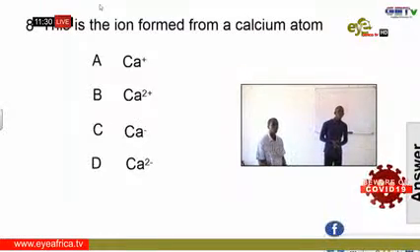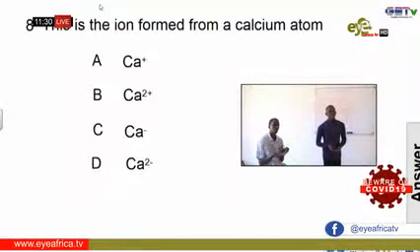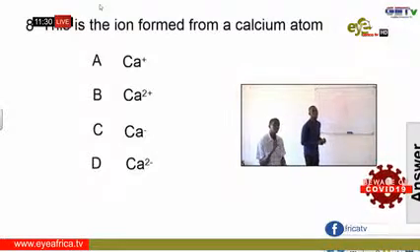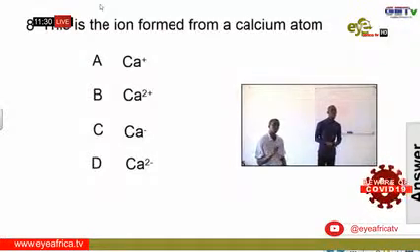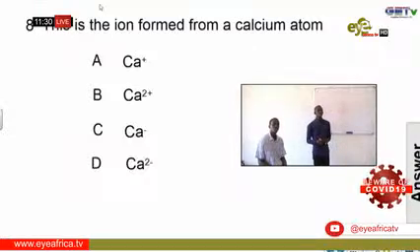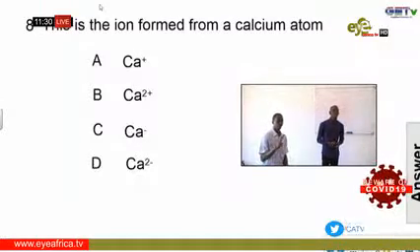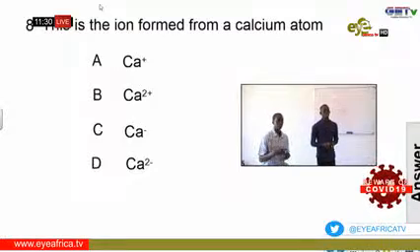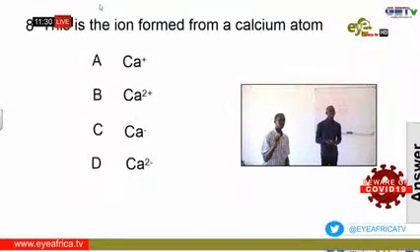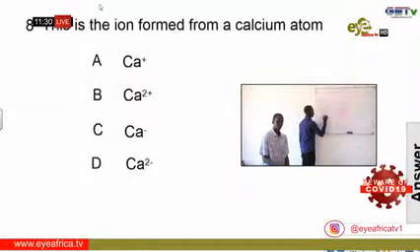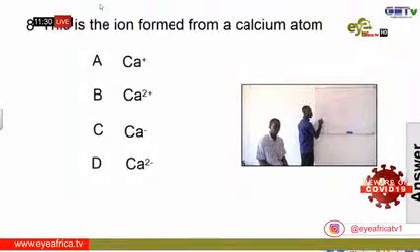Number 8. This is the ion formed from a calcium atom. A is Ca plus, B is Ca2 plus, C is Ca minus, and D is Ca2 minus. You know the symbol of calcium is Ca, and the atomic number of calcium is 20.